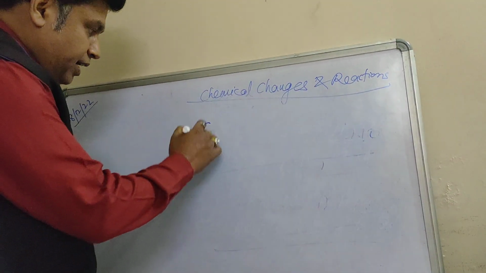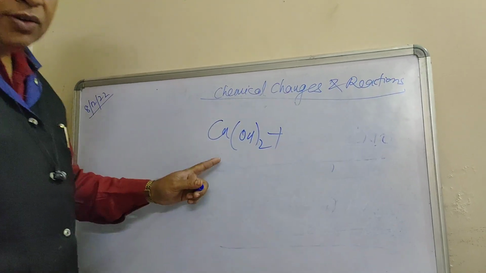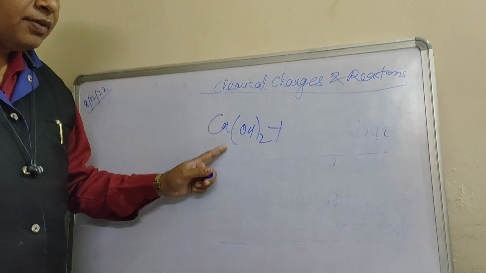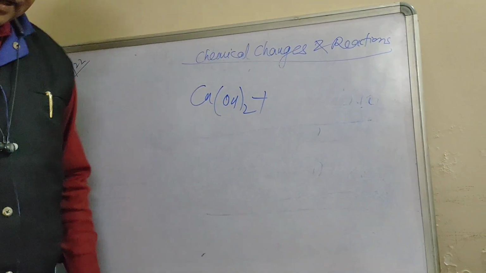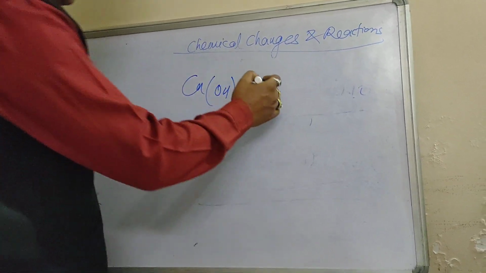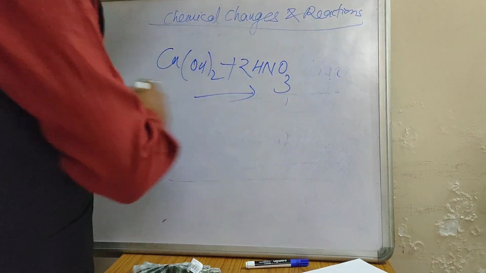I take calcium hydroxide. What is this calcium hydroxide? Yesterday I told you, it is slaked lime. Calcium hydroxide, and if I react it with 2HNO3. HNO3 is basically nitric acid.